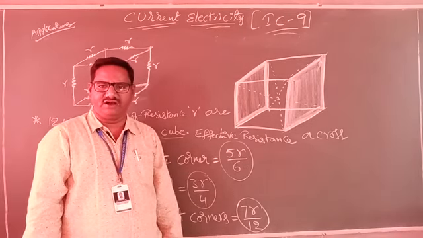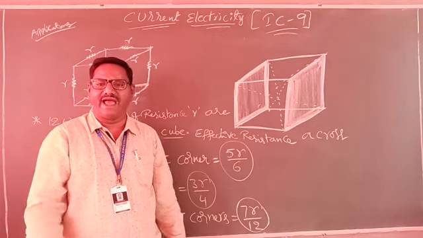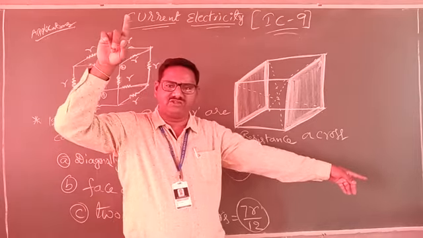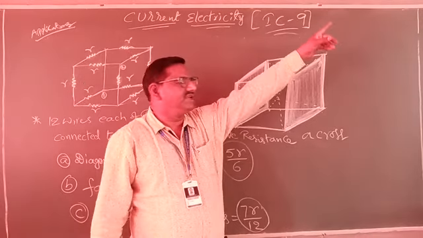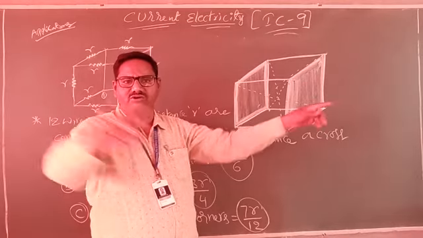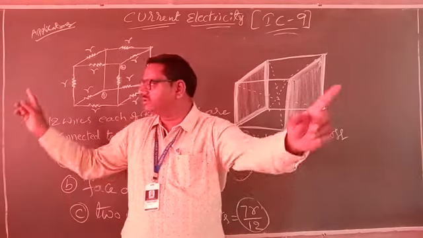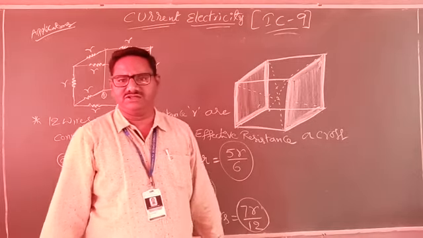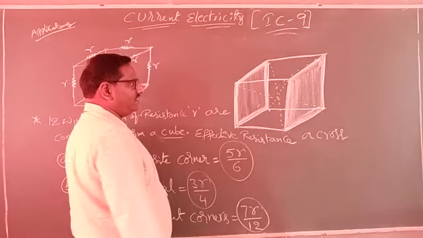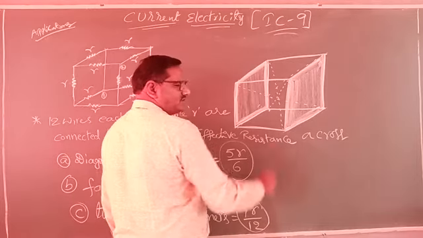Diagonally opposite, we already know, for a cubic body how many diagonals? 4 diagonals. From the top corner to the opposite downside. For one corner we have 2 diagonals. Yes or no? Similarly, for the opposite corners, one more 2 diagonals. Totally 4 diagonals we have for the cube. Clear? Now from here to here is one opposite corner.